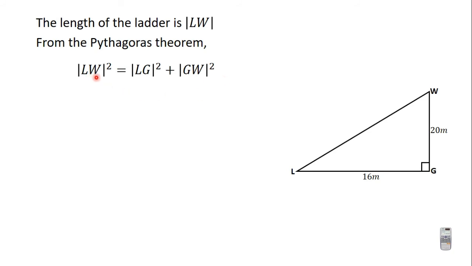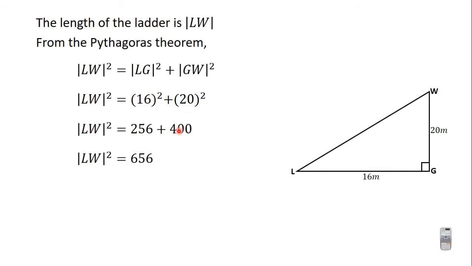We want to find LW. We know LG, we know GW, so we can find it. So LW squared is equal to 16 squared plus 20 squared. You simplify this and you are going to get LW squared is equal to 656. You take the square root of both sides and LW is equal to 25.6 meters.